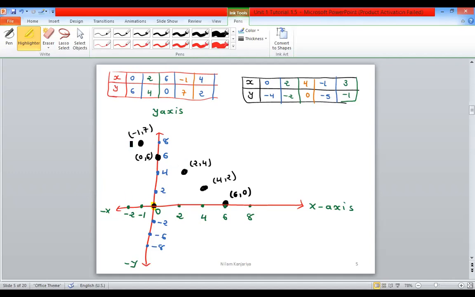Hope this is possible. This is your straight line. It's not exact, but it is your straight line. Similarly, you can join the next table.